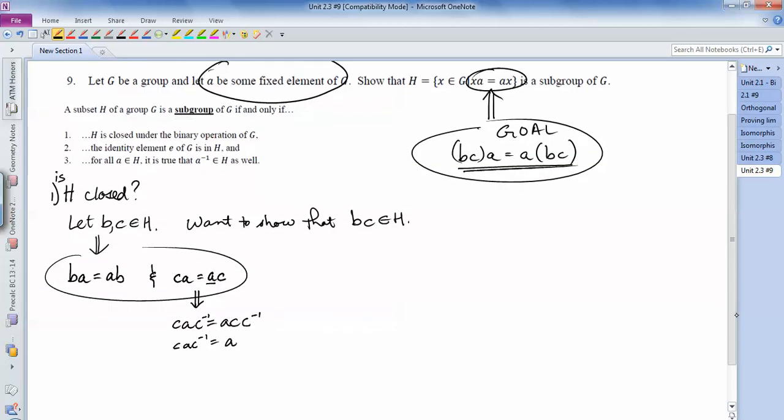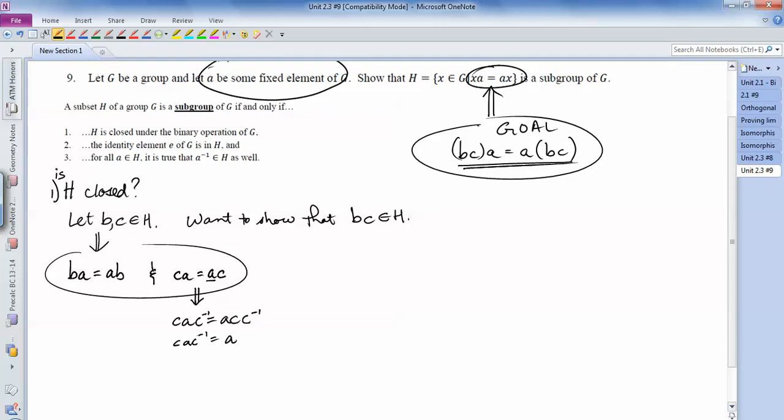Okay, so now I have a form for A. Let me plug that in somewhere else. Let's plug it into this A over here. So this combined with this is going to yield the following: BCAC inverse equals AB, like that.